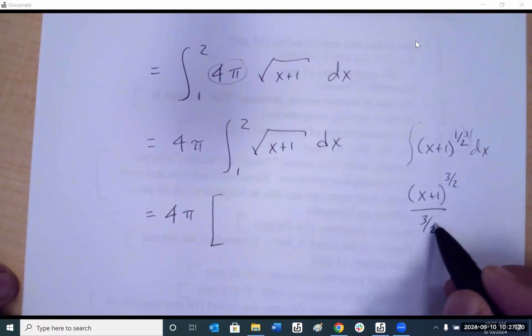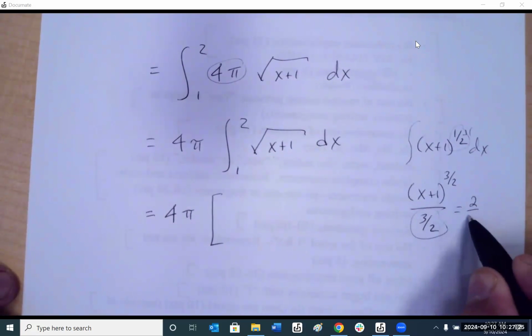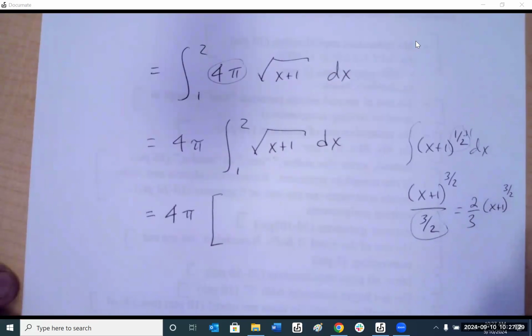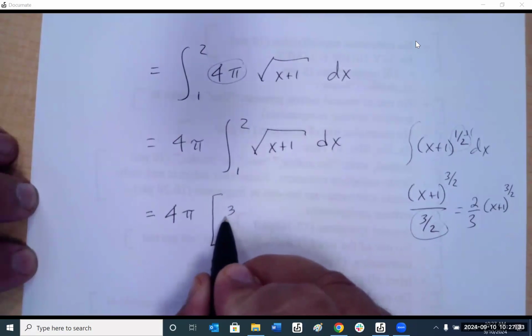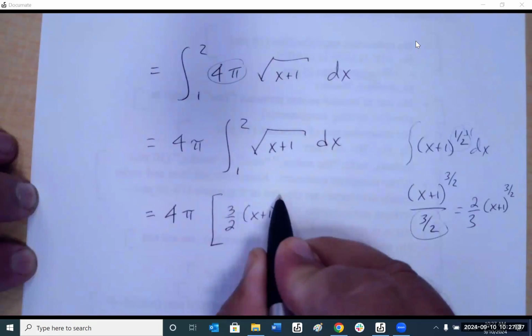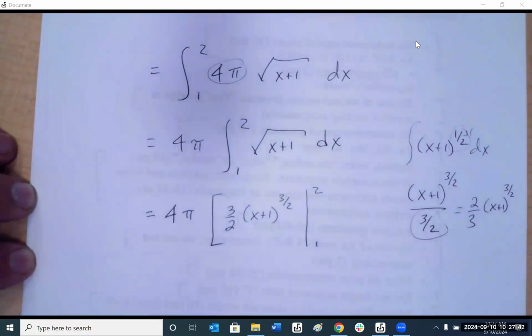So what happens with this? This flips. So this integral becomes 3 over 2 x plus 1 to the 3/2 from 1 to 2.